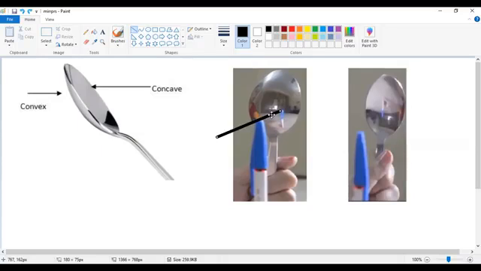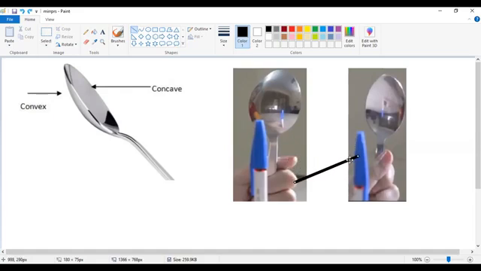Now students, reverse the position of the spoon such that now the object, the pen, is placed in front of the concave part of the spoon. Concave part means the inner part of the spoon. See the image.